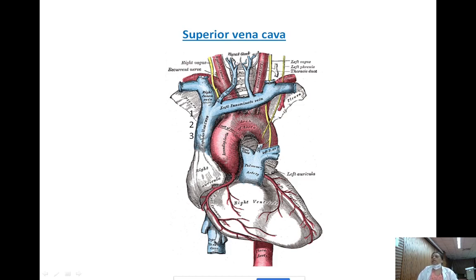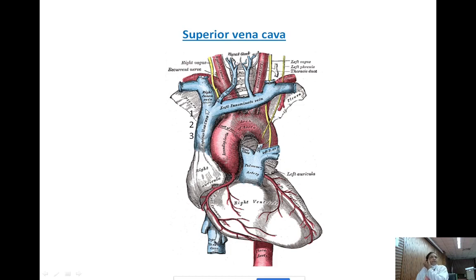Now it is formed by the joining of two brachiocephalic veins, the right brachiocephalic vein and the left brachiocephalic vein, and these two veins join behind the first costal cartilage to form the superior vena cava.